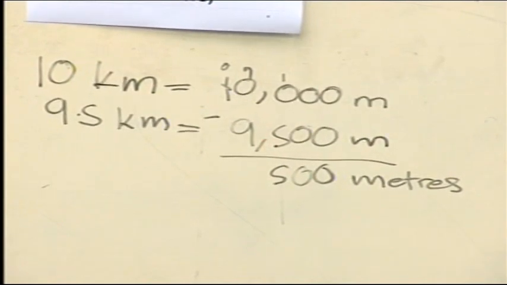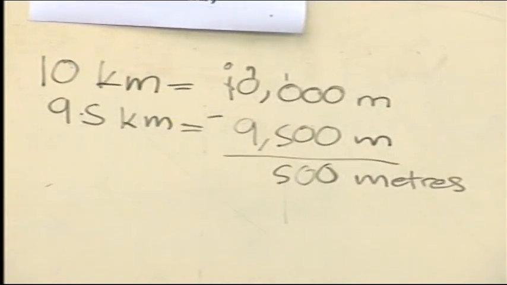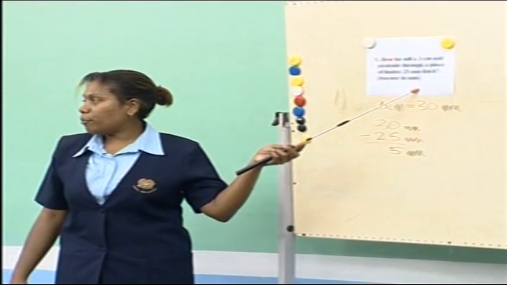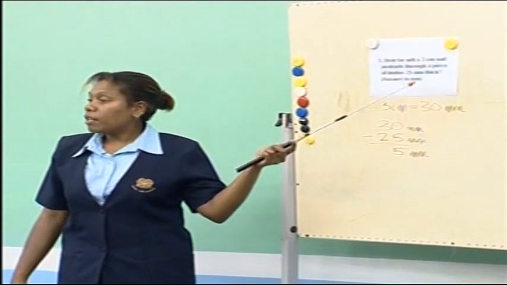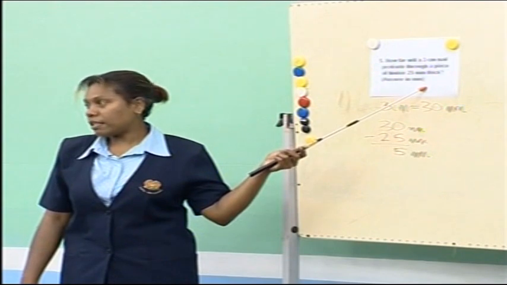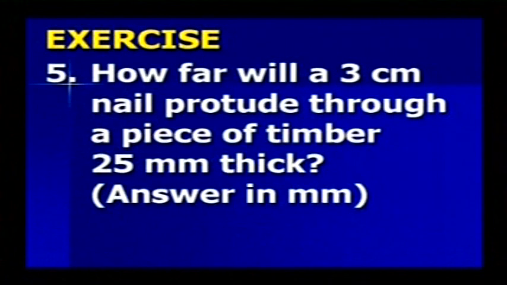Okay, again, listen, class. When you are solving a problem, you must read and try to understand the problem before you solve it. So here the question is asking, how far will a 3 centimeter nail protrude through a piece of timber 25 millimeters thick? Remember I told you protrude meaning stick out or stand out.